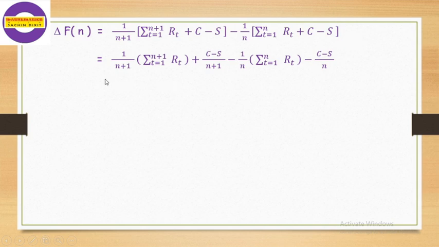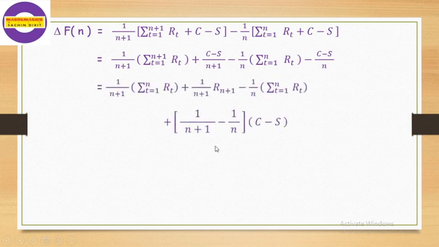We get the expression as 1 upon n plus 1 summation t varies from 1 to n plus 1 R(t) plus (C minus S) divided by n plus 1, minus 1 upon n summation t varies from 1 to n R(t) minus (C minus S) divided by n. We multiply this minus 1 upon n, so this term will be negative and this term will be negative.